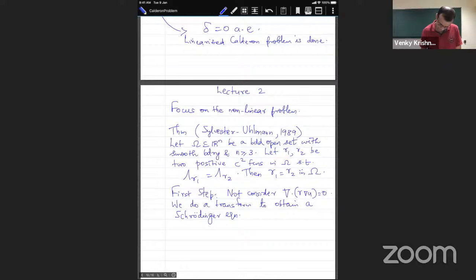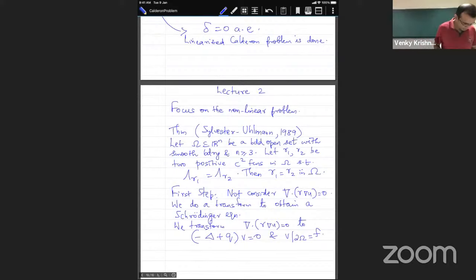We transform to something of this form: minus Laplace plus Q, V equal to 0, and V on the boundary equal to f.